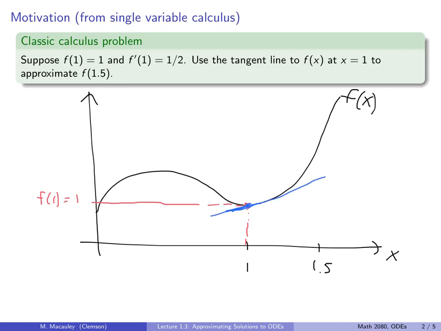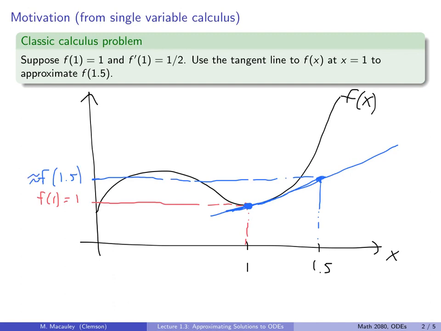Let's draw a tangent line to the curve that goes through that point, and let's pretend that this function is approximated by this straight line, and let's plug in 1.5. Whatever this value is, this is approximately f of 1.5. So this is not exact, obviously, but this is approximately f of 1.5.